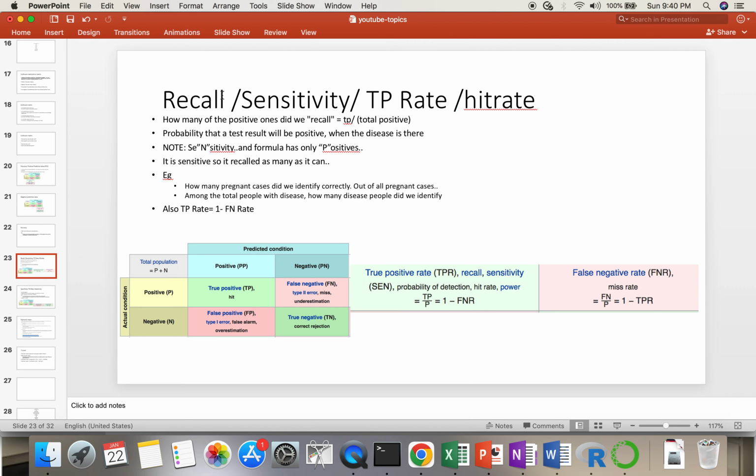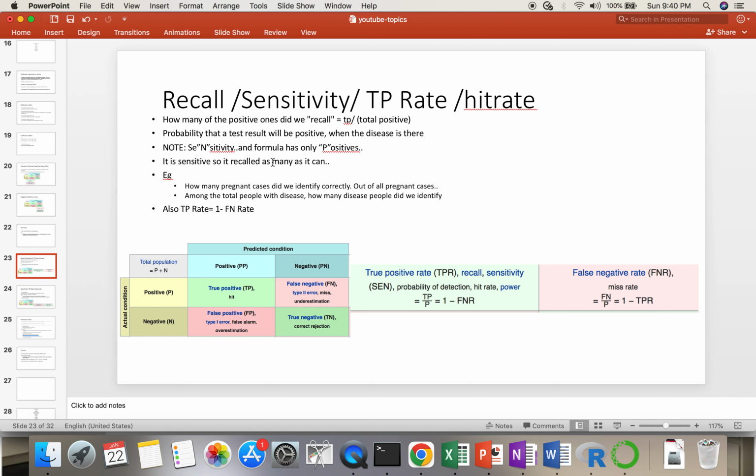Recall, also called sensitivity, also called true positive rate or hit rate, is the next metric. What recall means is how many of the positive cases did we recall properly? How many did we identify? That is called recall, or true positive rate.